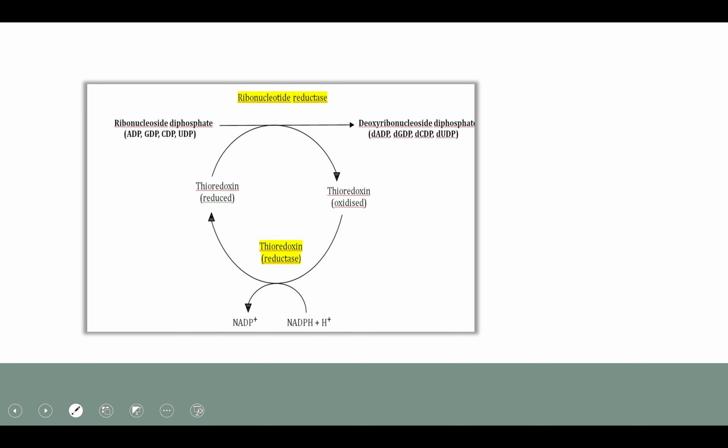Now, how these ribonucleoside diphosphates get converted to deoxyribonucleoside diphosphates.